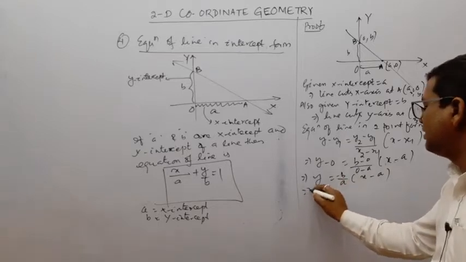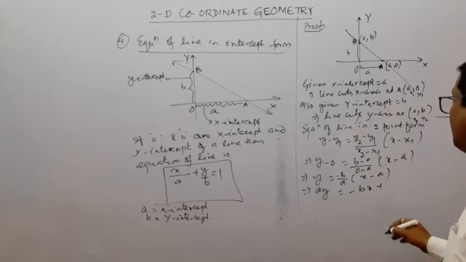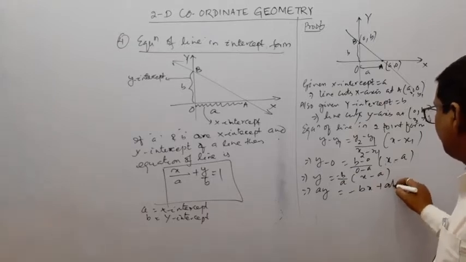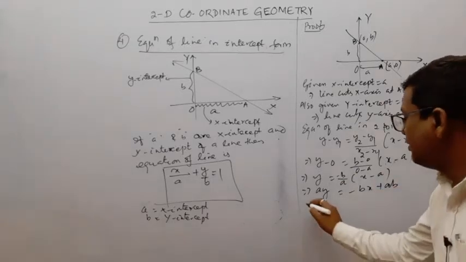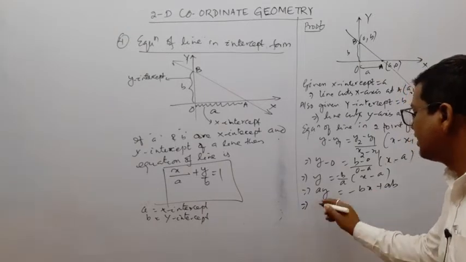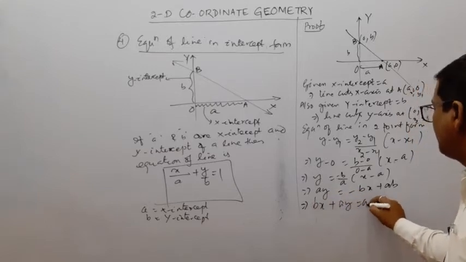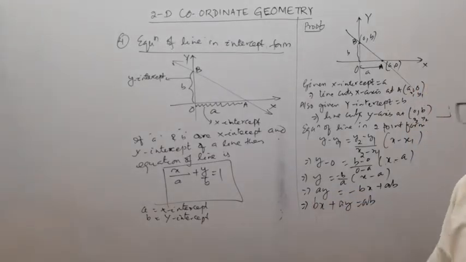Now what happens here? ay is equal to minus bx plus ab. So we can write bx plus ay is equal to ab. Divide both sides by ab.